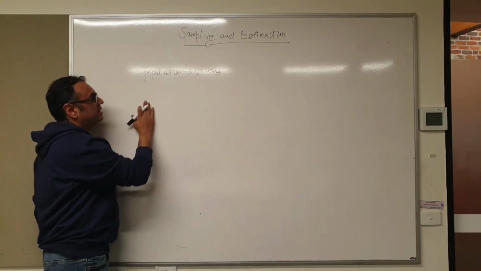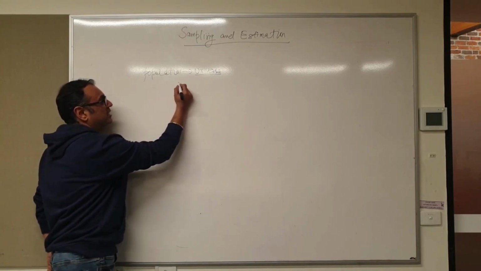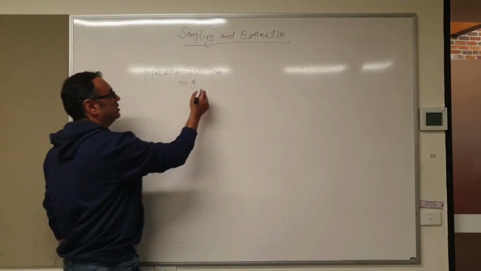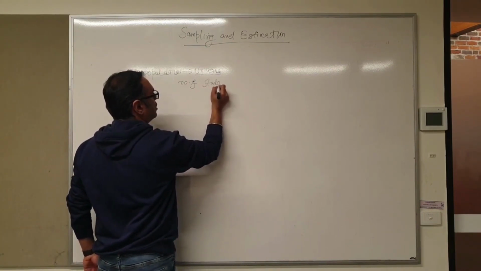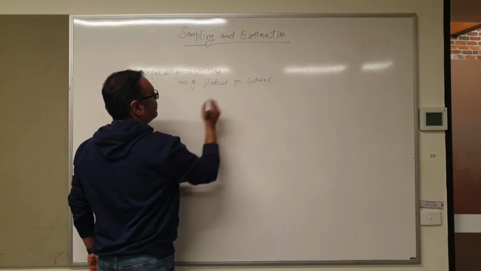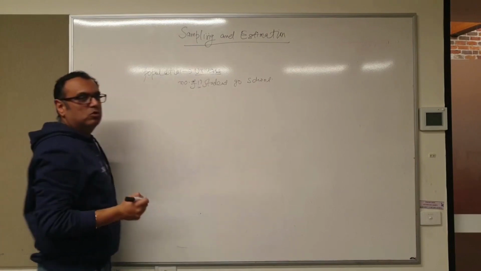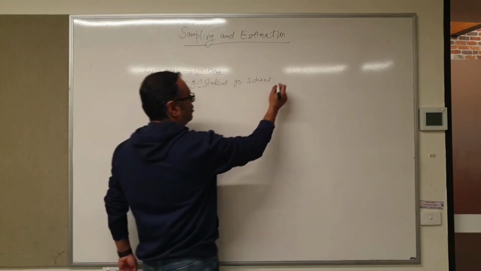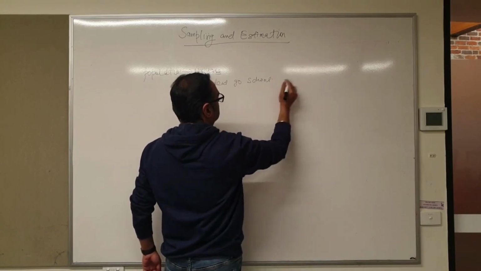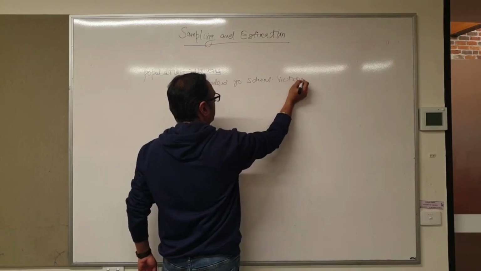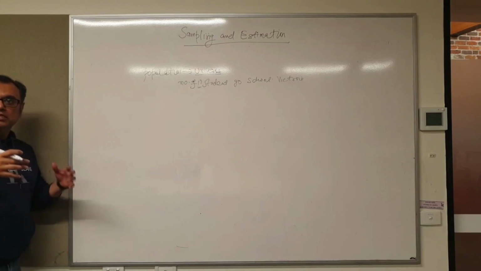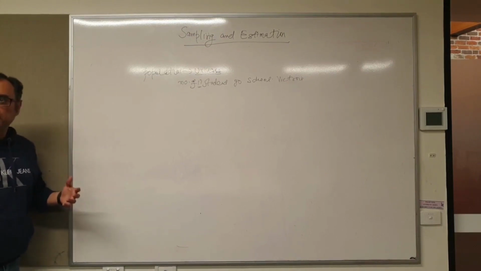So if I'm selecting the number of students who go to school, or the number of 17 year olds who go to school in Australia, for that matter I said Victoria, then that is my population, because it is a really large number.